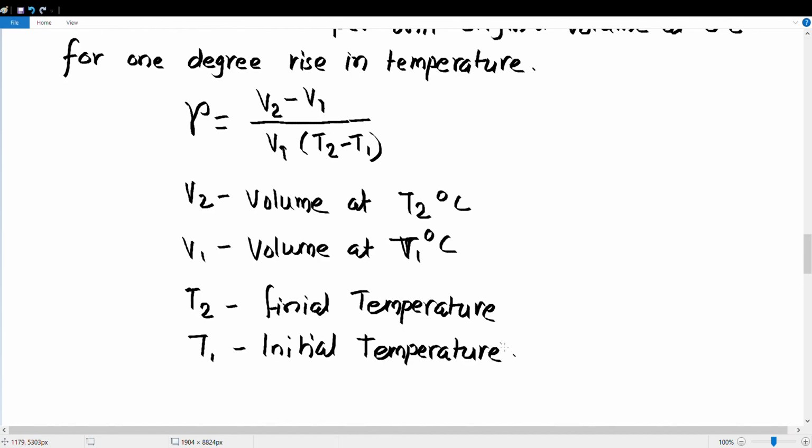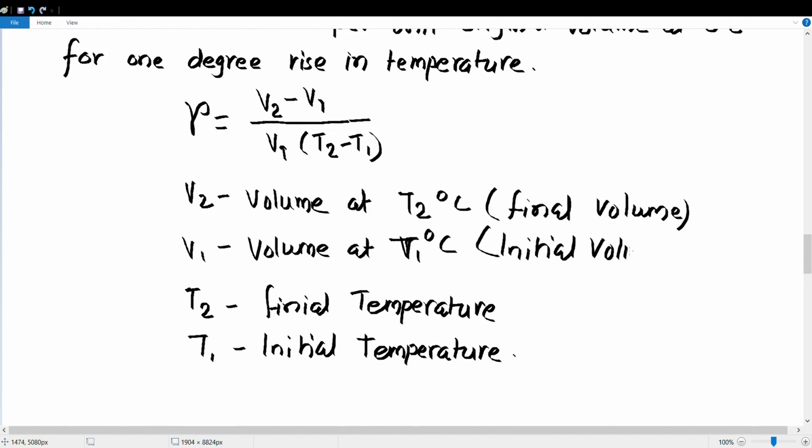So this volume V2 is nothing but the final volume, and this V1 is the initial volume. If one knows the volumes at T1 and T2 degree Celsius, then also the coefficient of volume expansion can be calculated using this formula.